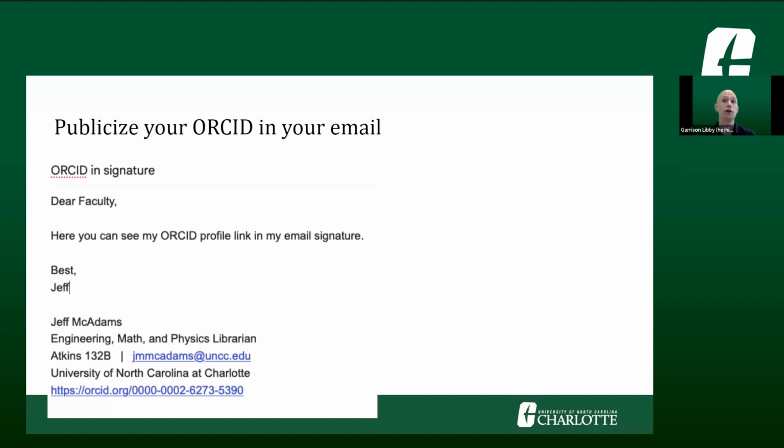Another really helpful thing you can do is use ORCID to publicize your own work when communicating with colleagues, other researchers, and collaborators, and add it straight into your email signature. You can see one of my colleagues here, Jeff McAdams.